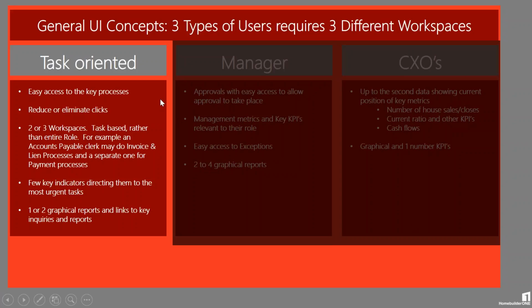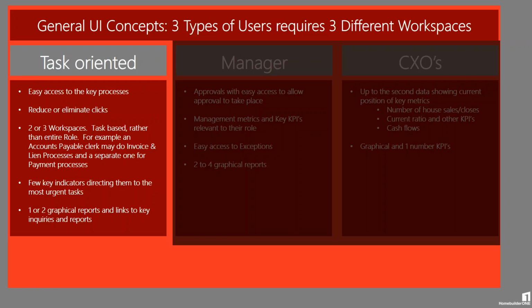So really 3 types of users within the AX platform, and the first one we're going to look at is this one here called task. And so these guys, they will be doing key processes for the business. They'll be doing lots of tasks, maybe repetitive kind of tasks.